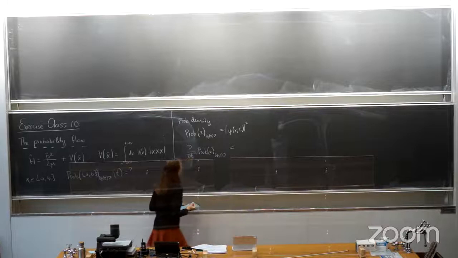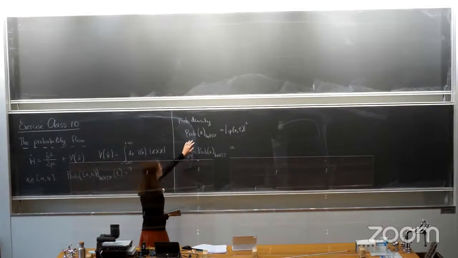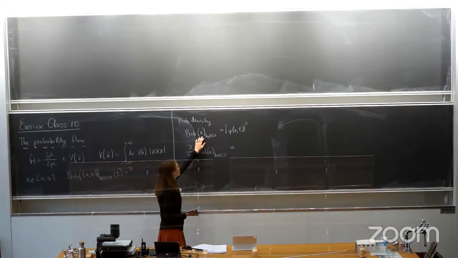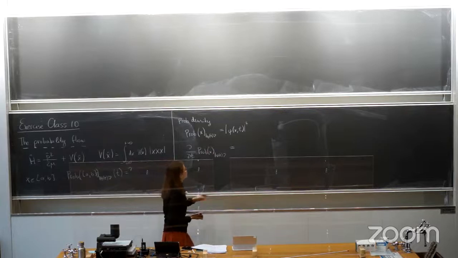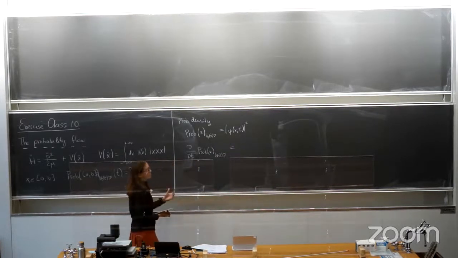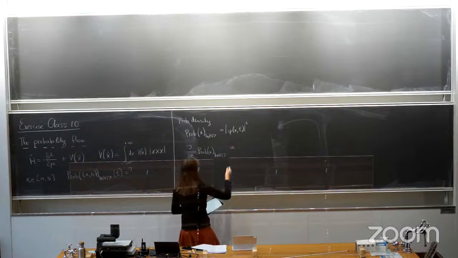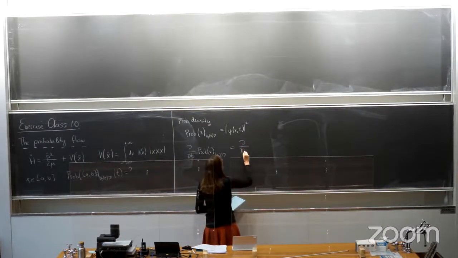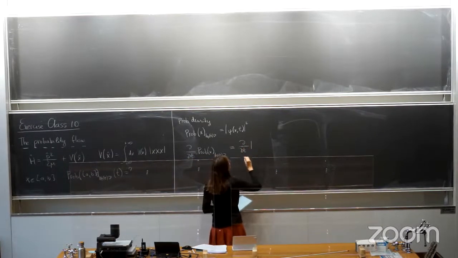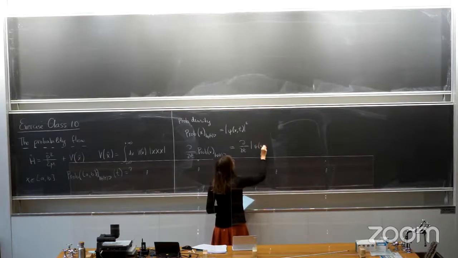We see here that in general, this probability density depends on x and t because it's given by the modulus squared of a wave function, which depends on x and t. So here we just take the partial derivative with respect to t. Basically, we need to calculate the time derivative of this object here.